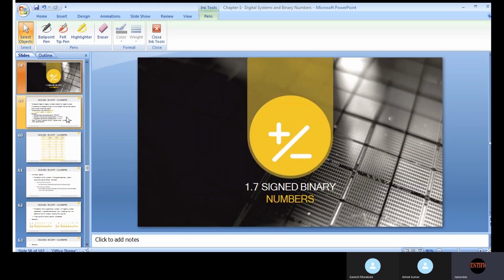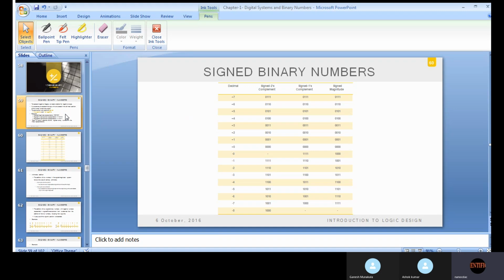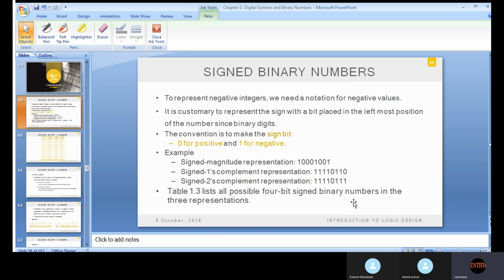Next we will go for signed binary numbers, which we have already discussed. So 0 for positive and 1 for negative. చూడండి signed magnitude representation లో this is representing the sign. Okay. Signed ones complement representation of the number is, so zeros ones అయిపోతాయి, ones zeros అయిపోతాయి. Okay.